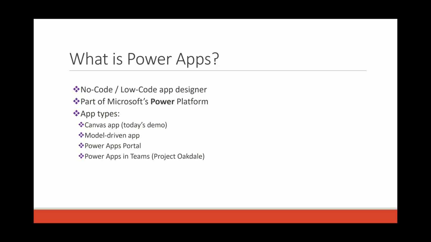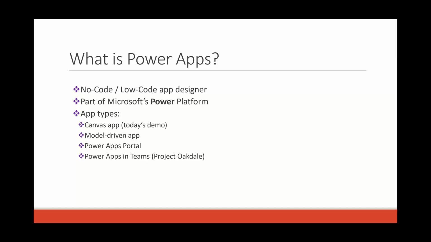Then there are Power Apps portals, which basically give you an external facing site for your customers, for example, to log into. That's typically what it would be used for, so that they can have access to their data that's maybe in the Common Data Service, or Dynamics, basically the same sort of thing, through a portal that you design in a Power Apps sort of way.